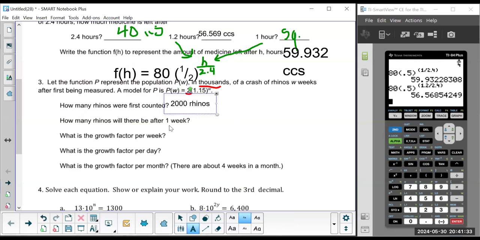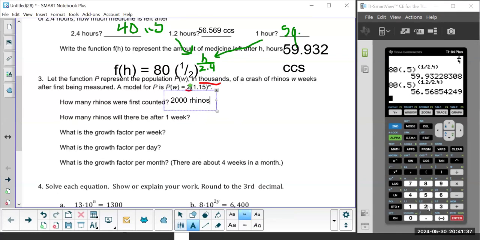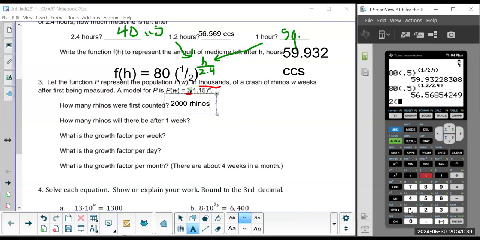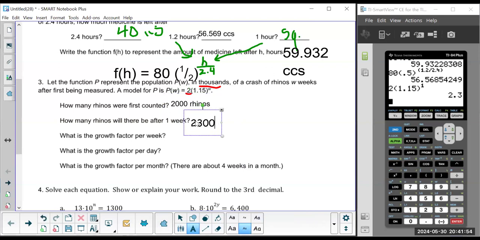Then 1 week later, what is it going to be? Well, we're going to put 1 in for that w. So I'm going to go to my calculator, 2 times 1.15 to the 1. I'm going to get 2.3, but that really means 2.3 thousand. So that's 2,300 rhinos.